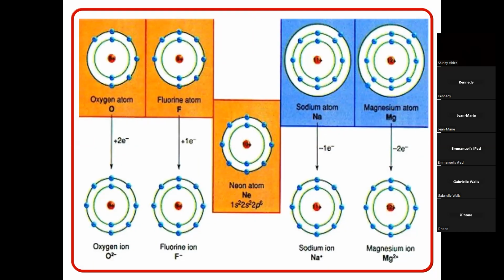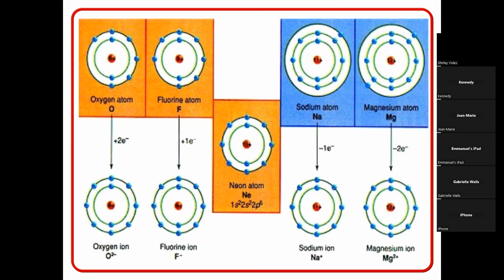These are some Bohr models showing how, when oxygen gains 2 electrons, it becomes the oxygen ion, or the oxide ion, actually. The fluorine atom gains an electron, it becomes a fluoride ion. Sodium loses 1 electron, and you notice that now it has 1 less level and 1 less electron. It is now the sodium ion. And magnesium loses the 2 electrons that it has on its outer shell, and it now becomes the magnesium ion.